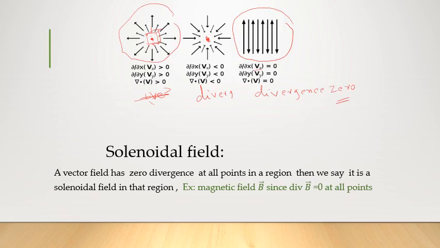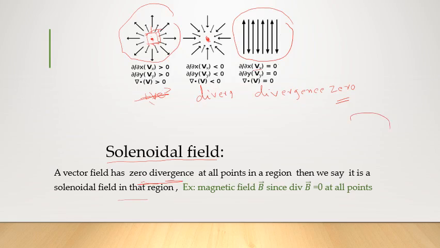Next, we will define solenoidal field. It's also an important concept. If a vector field has zero divergence at all points in a region, then we say it is a solenoidal field.